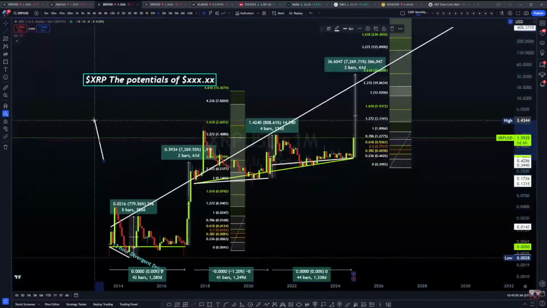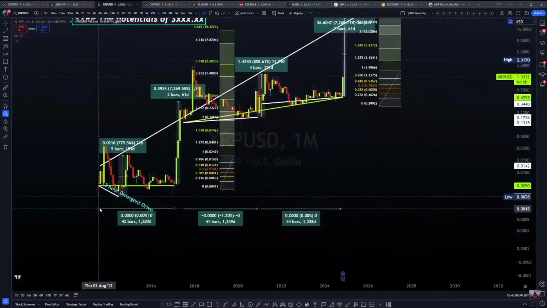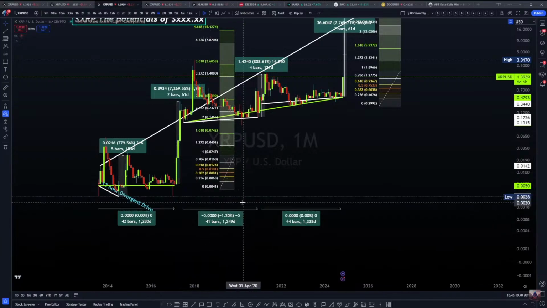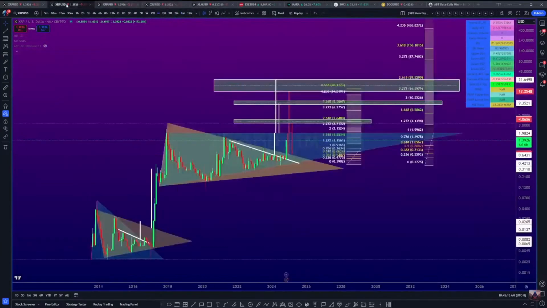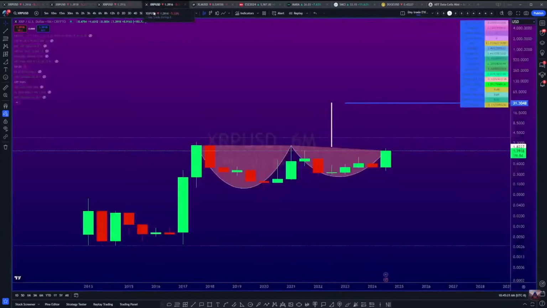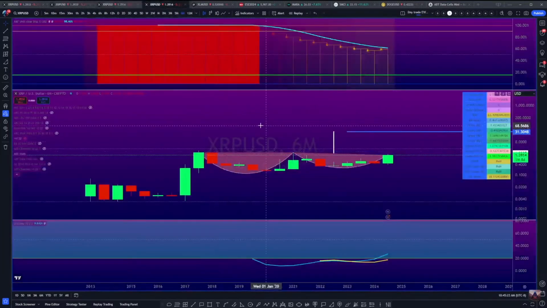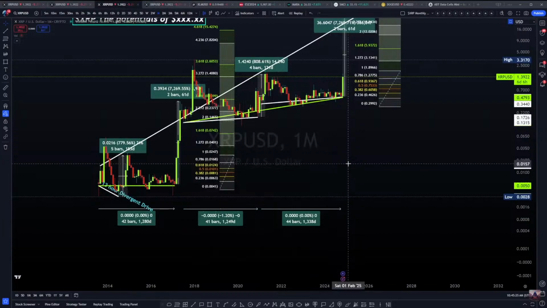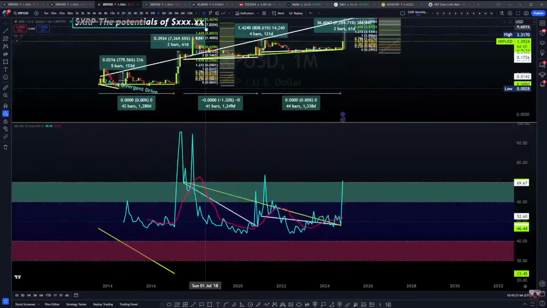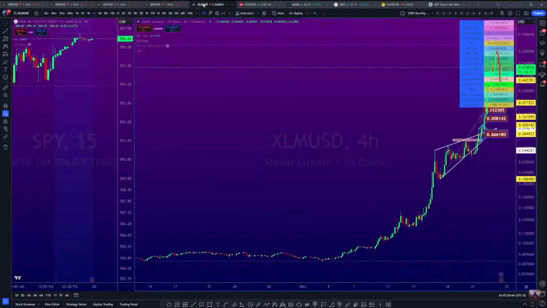Guys, look at this. Look at the bottom: 42 bars, 41 bar phase, 44 bar phase. Coming up into these phases, all of them match. Like we were looking at earlier, I think we did it here with the correlation coefficient.